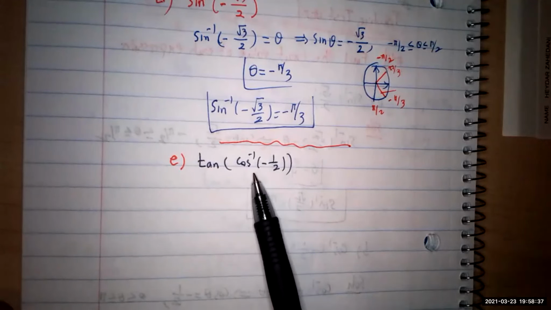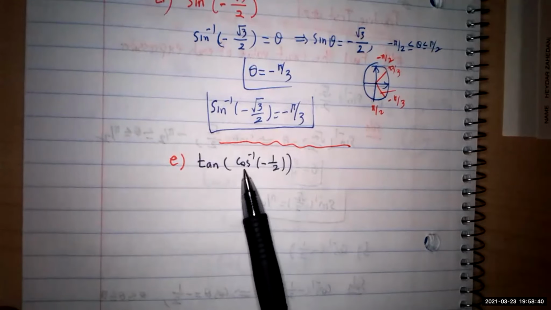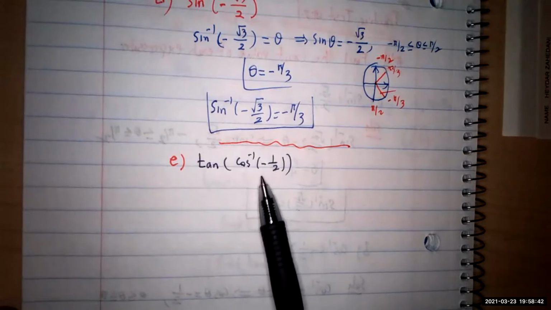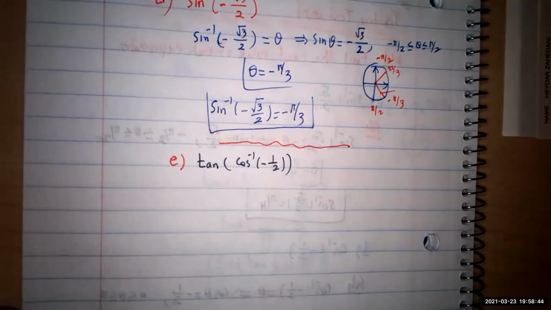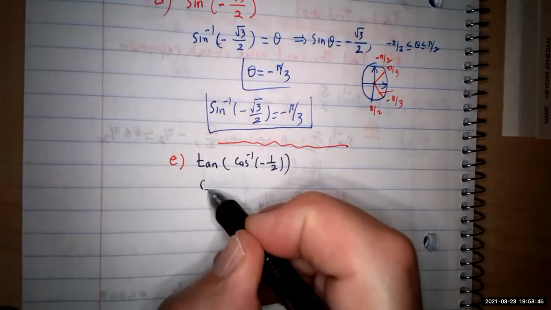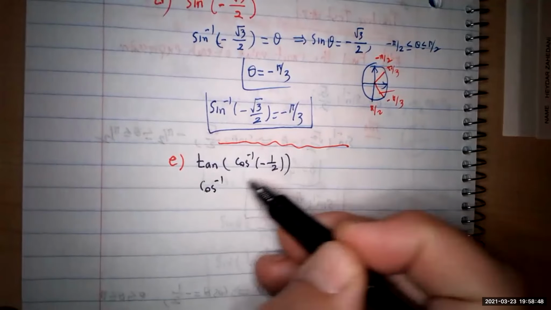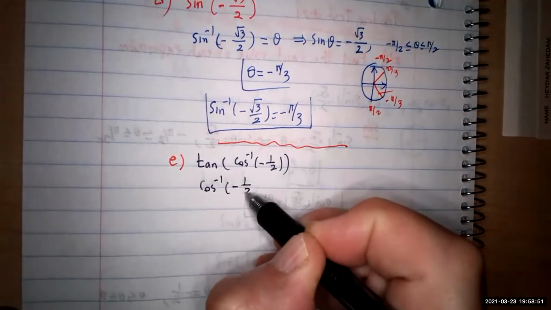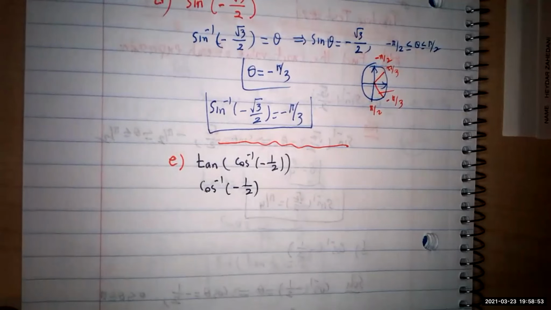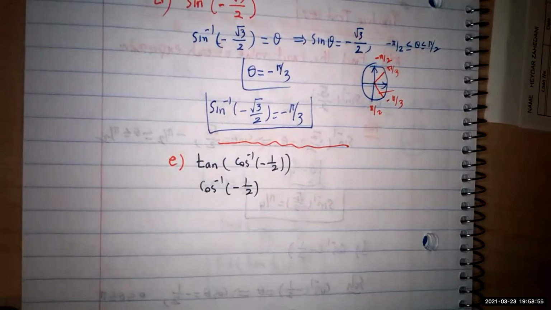For the known one, the starting point is you just call this cosine inverse something, and then you work on this one. So you take the cosine inverse of negative half to be your theta.